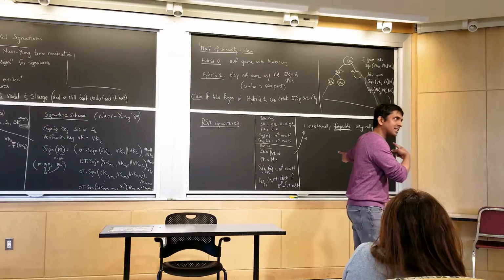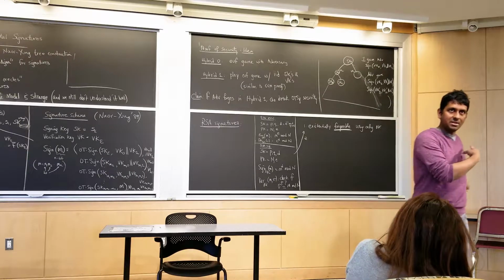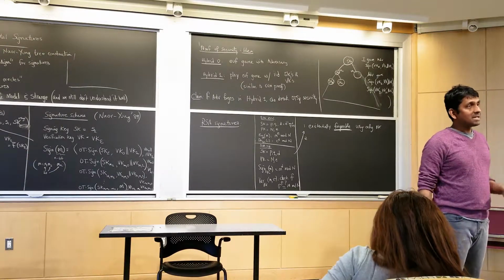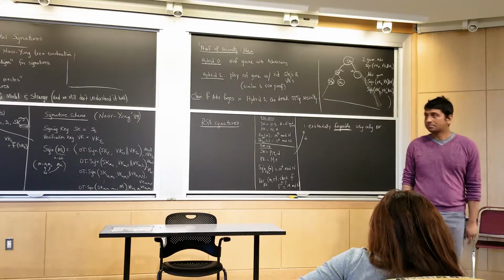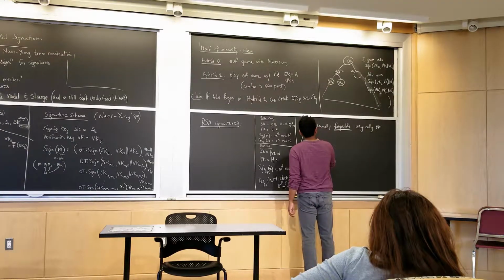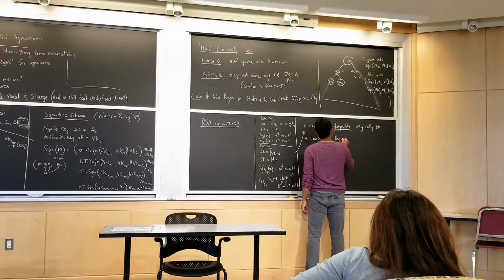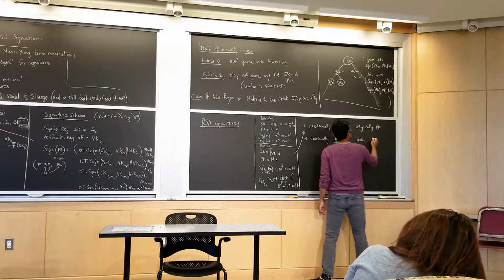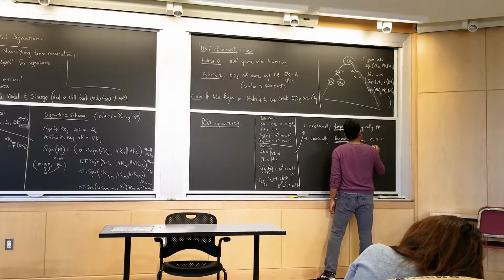We just said that's not possible. That's exactly inverting RSA. But I also let the adversary get signatures of messages of his choice. So I want universal forgery under a chosen message attack.